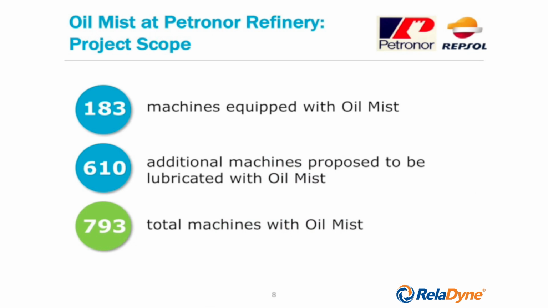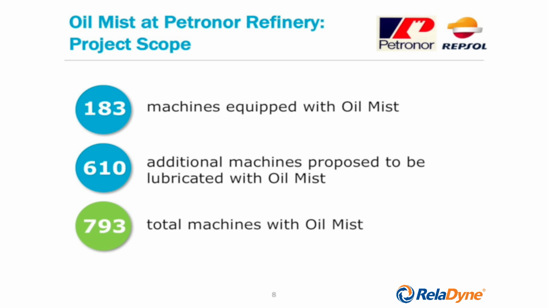Before we go into generalized statements on what industry has achieved, I'd like to confine myself to the Petronor refinery, which is in the northeastern part of Spain. There are 183 machines equipped with oil mist, and an additional 610 machines are presently scheduled to be converted to oil mist.